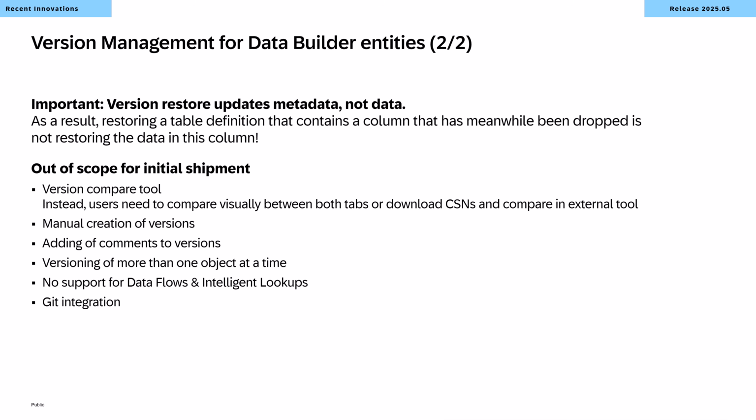The restore that was on the previous slide, but I forgot to point it out, is only really working for a selected set of objects. That's for table views, DACs, and analytic models. All the others you can look at. You can download the JSON. You can try to upload the tweaked JSON and overwrite it.